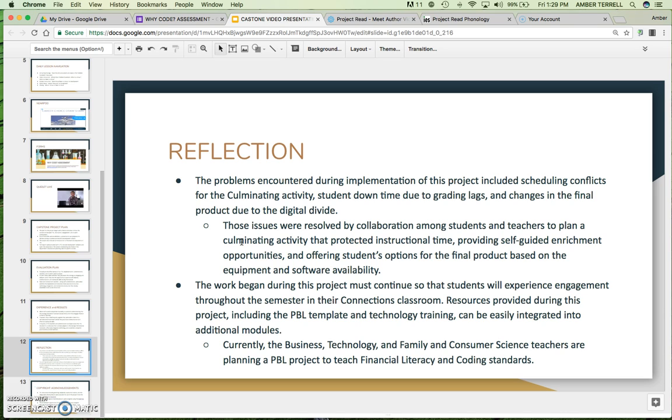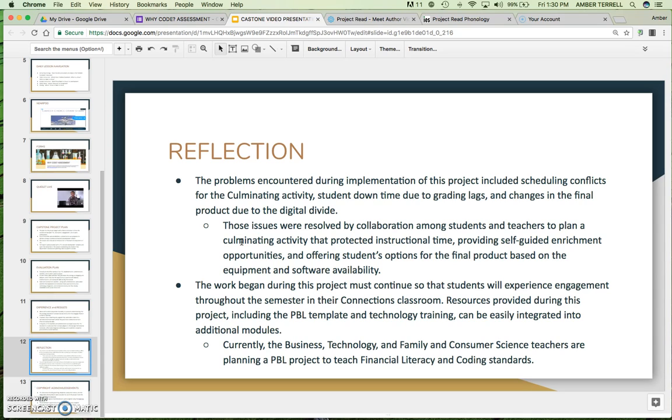So we actually ended up with College Awareness Day instead of having a College Awareness Fair. We also provided self-guided enrichment opportunities so that students would have something to do when their writing activities were being graded. Lastly, we had to offer students options for creating their final product due to differences in the availability of equipment and software.